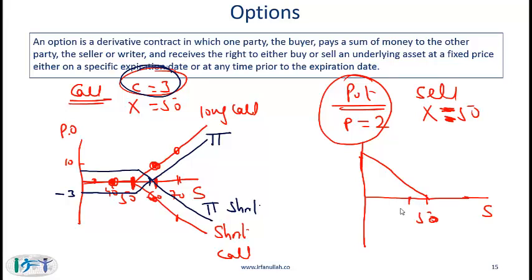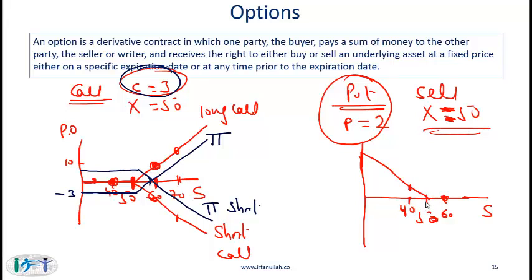If the stock price goes down to 40, then the payoff is 10, because the long party can buy the asset in the market for 40 and sell at the strike price of 50. If the stock price goes to 60, then the put is worthless. The long party will not exercise the option to sell for 50.